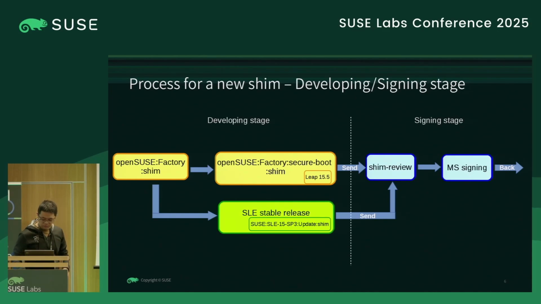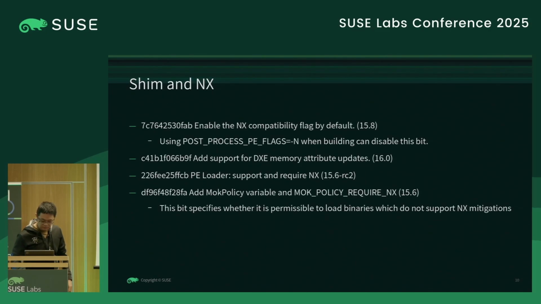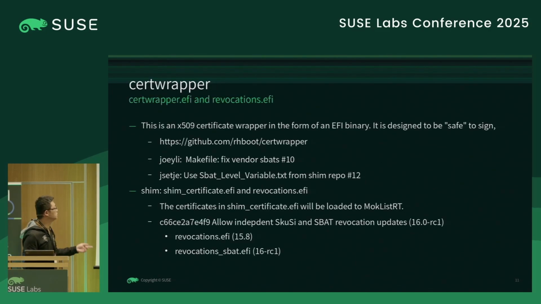So back to the feature of the certificate wrapper. If we want to change something like the vendor DB or the SBAT string in the Shim binary, we need to send it to the Shim review again. So that's why we now have a new function. We don't need to change the Shim binary.